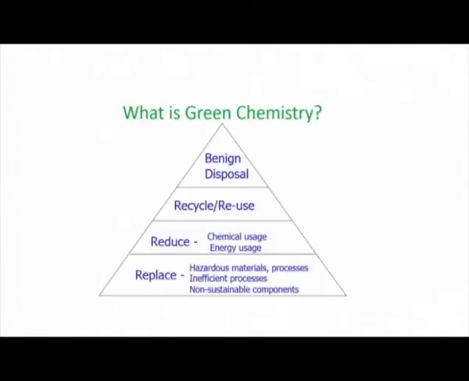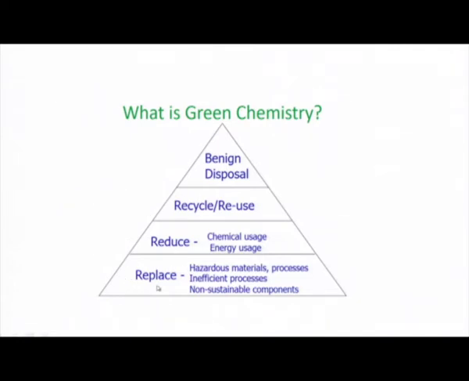This is a hierarchy cone. Whenever a synthetic process or any industry is there, we have to pay attention to this. And the R concept, that is replace, reduce, recycle or reuse, all these things should be attempted first wherever possible.